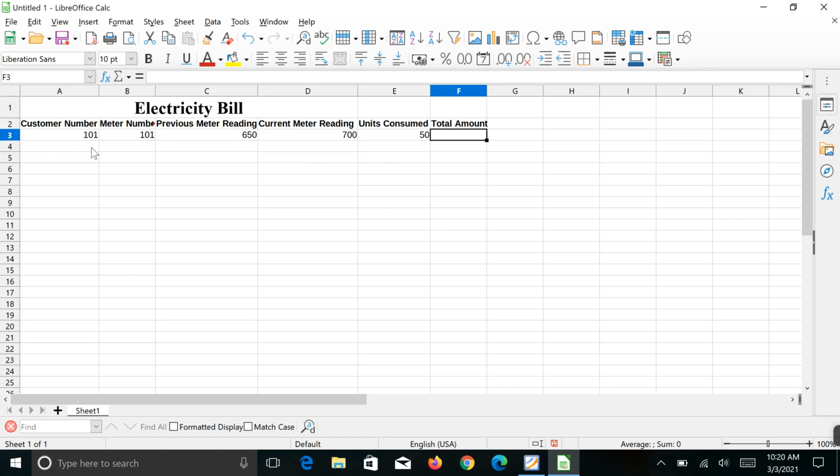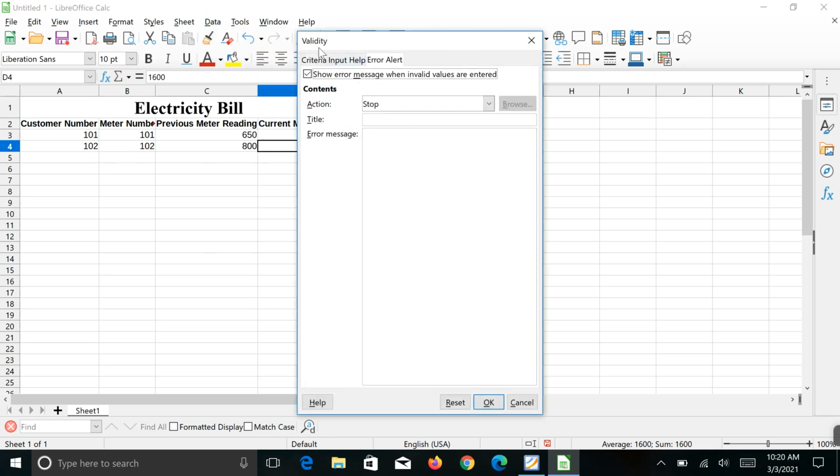Now let us say I will go to another set of values, 102, 102. So 800, 1600. So units consumed, let us calculate later. Here also data validation is required.